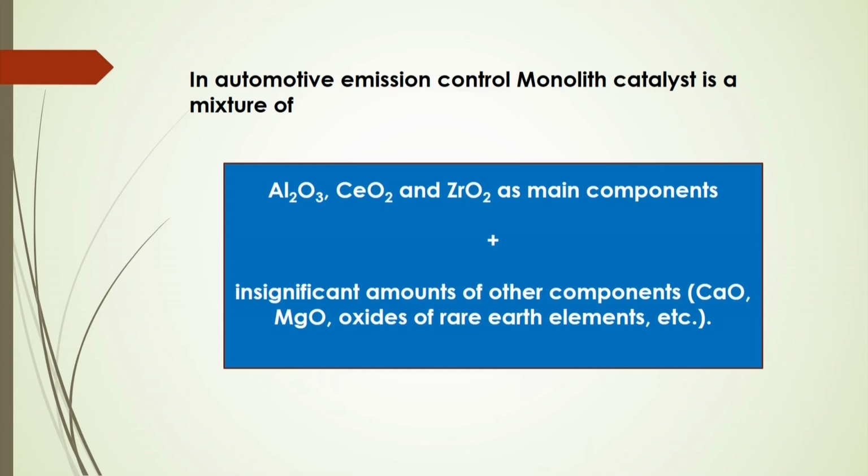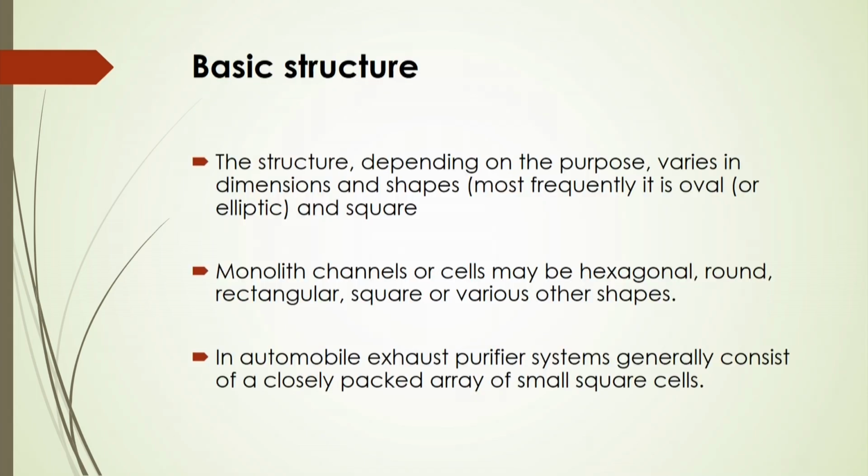In that case, the monolithic catalyst will be a mixture of aluminum oxide, cerium oxide and zirconium oxide as the main components, and also insignificant amounts of other components like calcium oxide, magnesium oxide, even oxides of other rare earth elements, etc. So, this type of material is generally used in automobiles to control the emission by monolithic catalytic structure. And what is the basic structure for that?